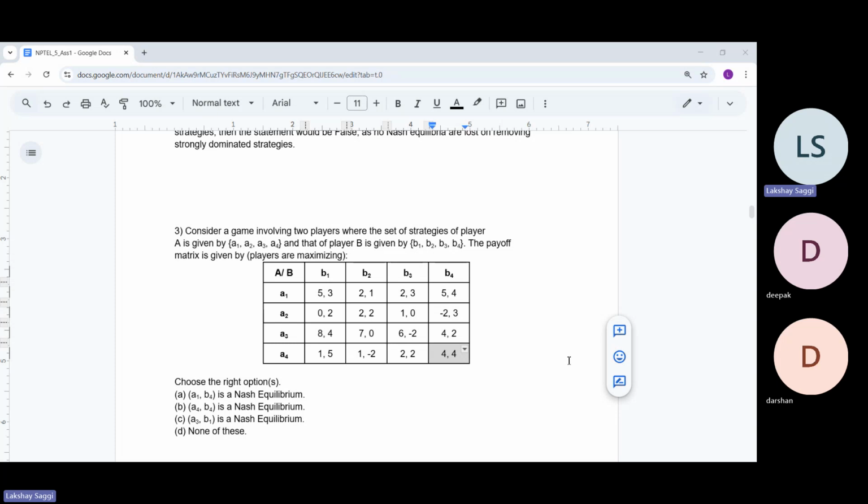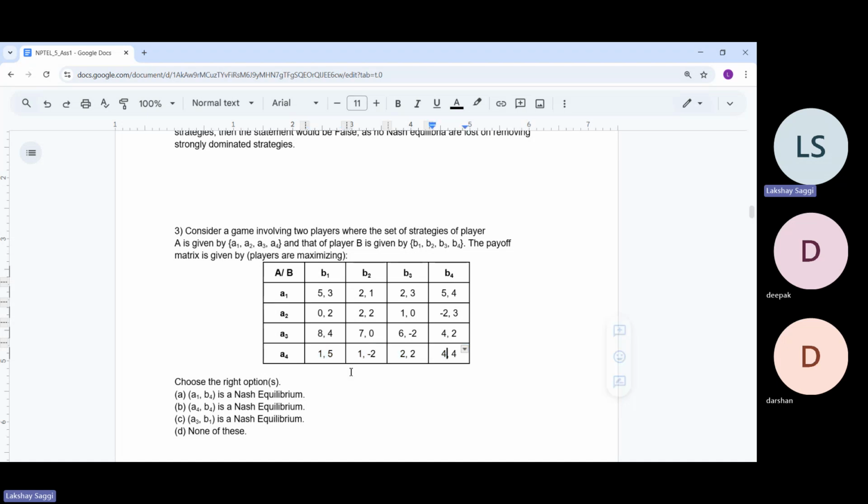So Darshan is saying 4 is compared with A4 row. No, no, Darshan, I think you're misunderstanding a bit. So these are the strategies for the row player: A1, A2, A3, A4. What this means is that you don't have to check this across the rows for the row player.